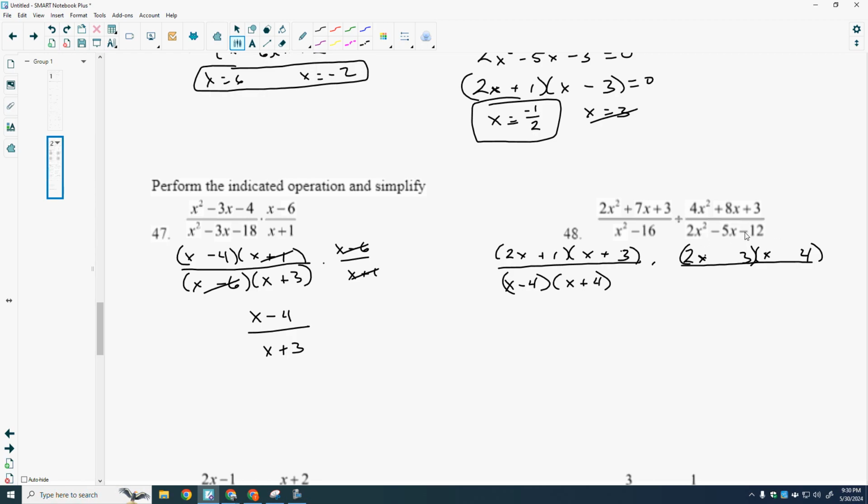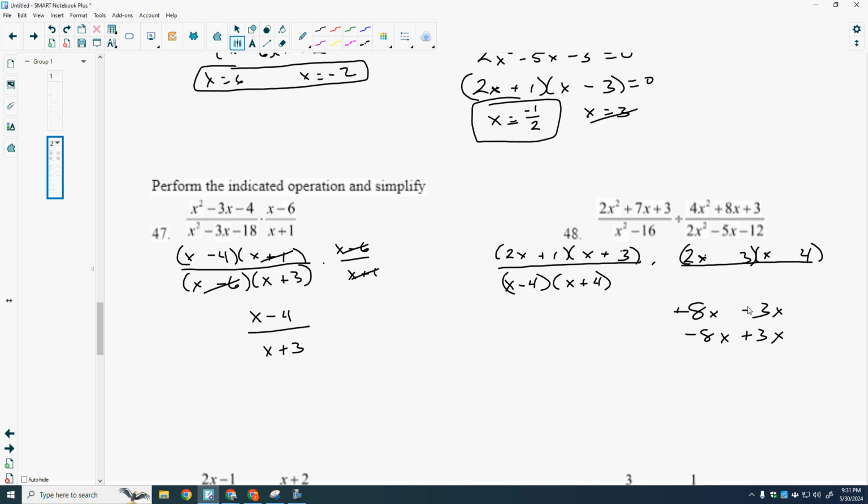Because that's a negative, which means these signs have to be different. And when I put together an 8x and a 3x, when the signs are different, let's just say this is a positive and this is a negative, we are going to subtract. If this was a negative and this is a positive, we are still going to subtract.